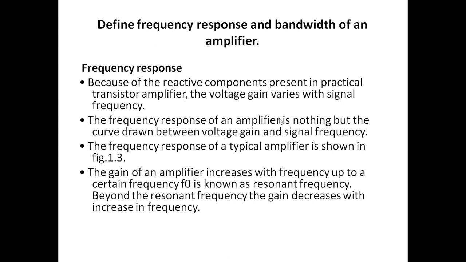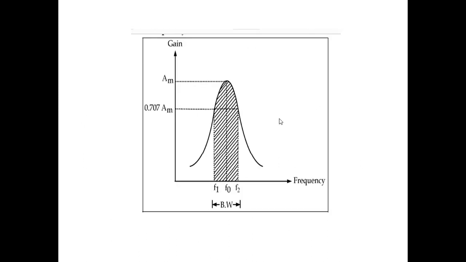Beyond the resonant frequency, the gain decreases with increase in frequency. This is a frequency response curve, drawn between gain versus frequency. As the frequency increases from zero, the gain increases up to the resonant frequency, where the gain is maximum. After this value, the gain slowly decreases and falls down.